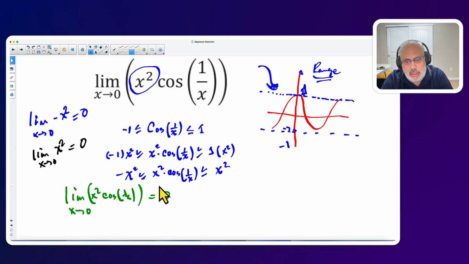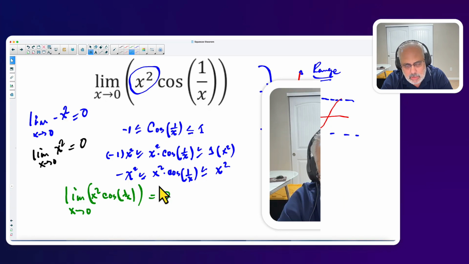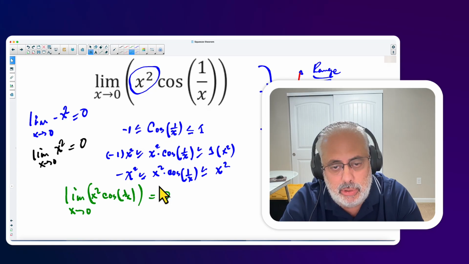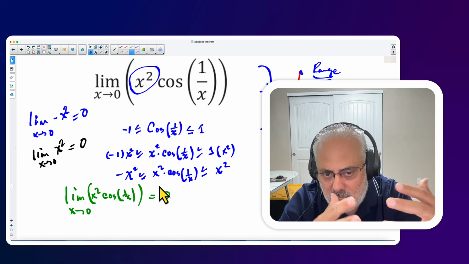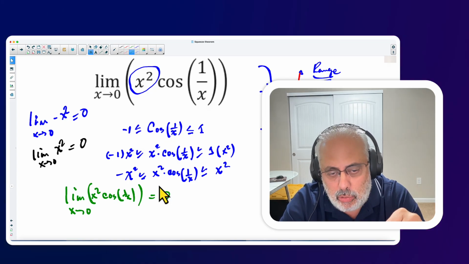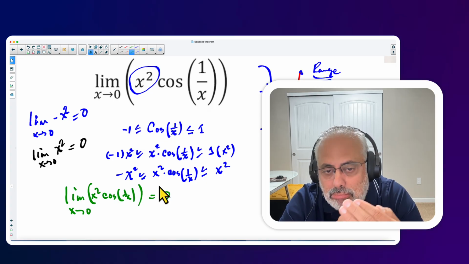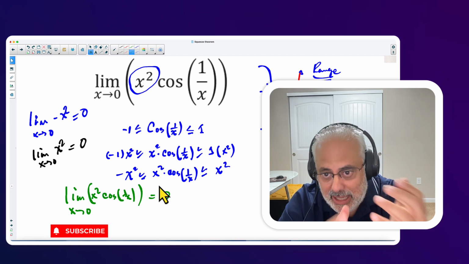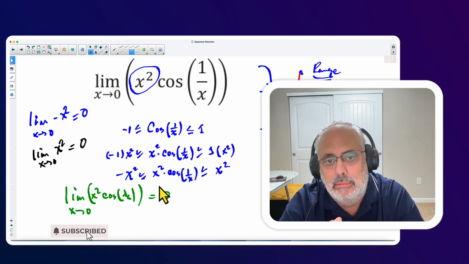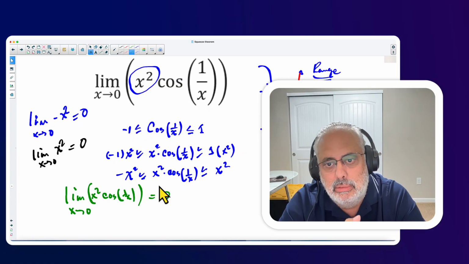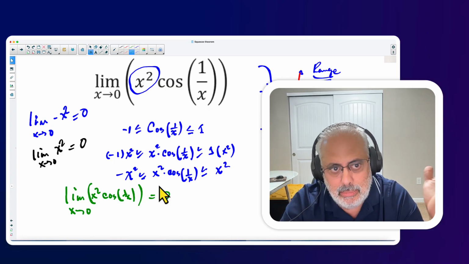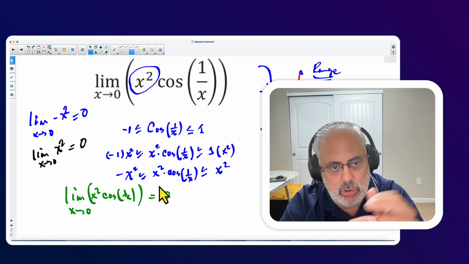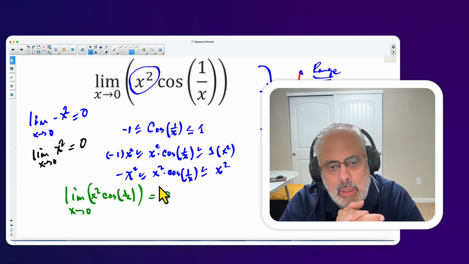Finding the upper and the lower bound functions is the first criterion. Second criterion, find the limit of the upper and the lower function around the same point. It's the same, so the function in the middle, the sandwich function, has the limit when x approaches the same value a, in this case x equals 0, equal to the same limit of f, g, and h, if we use f, g, and h.